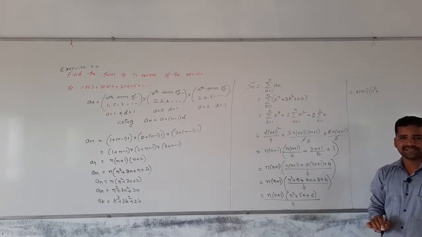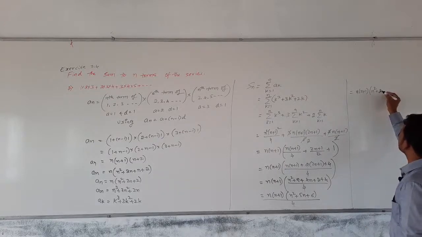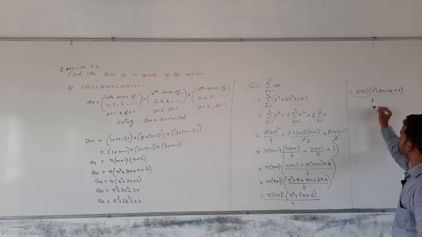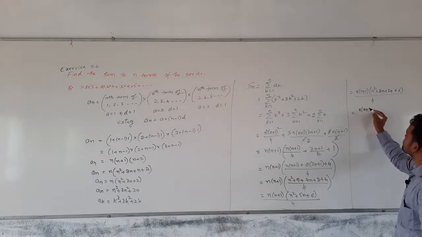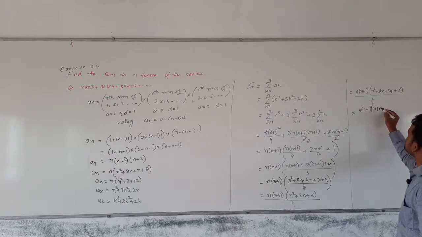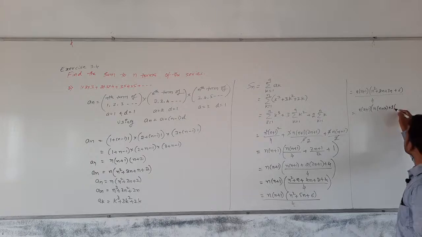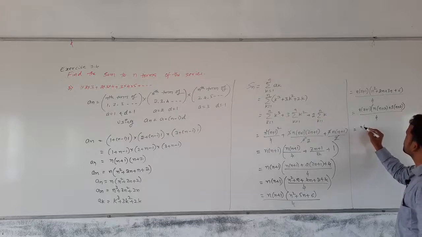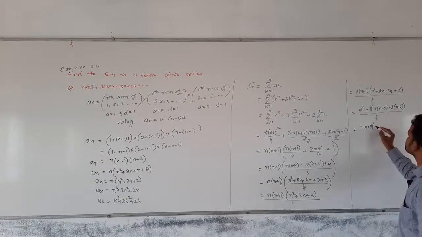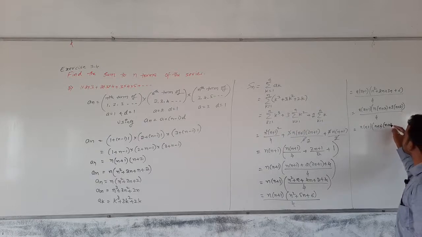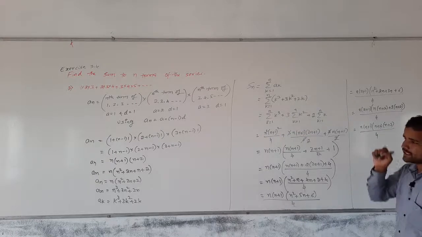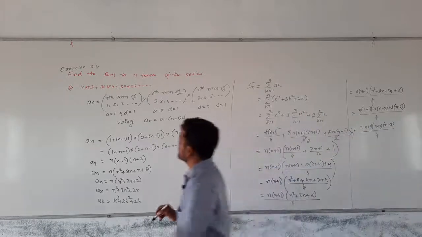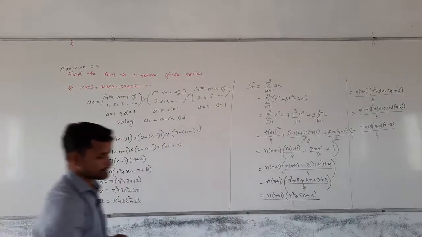Like that I can choose 3 and 2. n square plus 2n plus 3n plus 6, whole divided by 4, which is equal to n into n plus 1 into, n you take common, n plus 2, plus 3 you take common, n plus 2, whole divided by 4. This is equal to n into n plus 1 is already outside, n plus 2 is common, into n plus 3, whole divided by 4. This is the Sn, the sum of first n terms of this special series, where the special series given is this one.